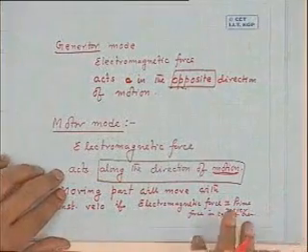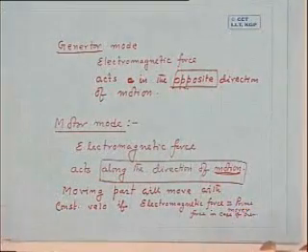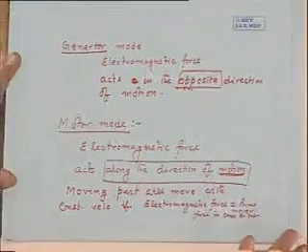When a generator or motor is running at steady speed, these two conditions must be there. That is, electromagnetic force is equal to the prime mover force in case of generator. That's why it is running at a constant velocity. In case of motor, it will be like that.